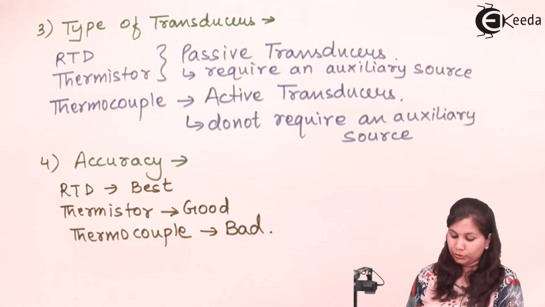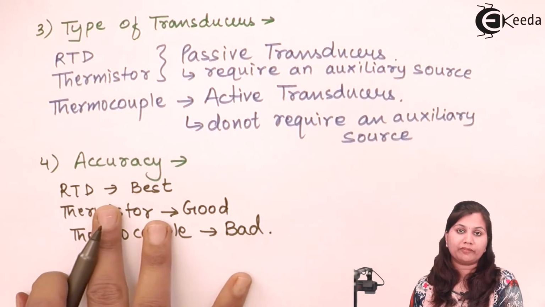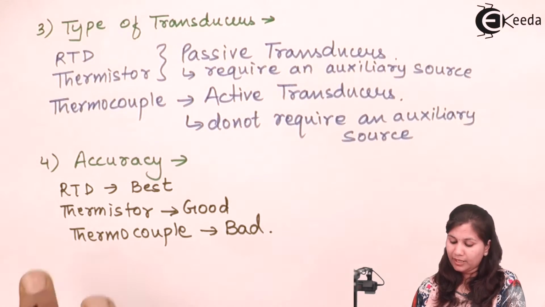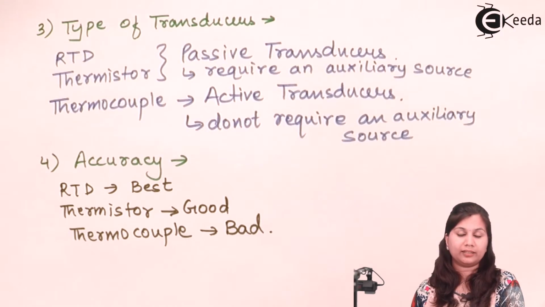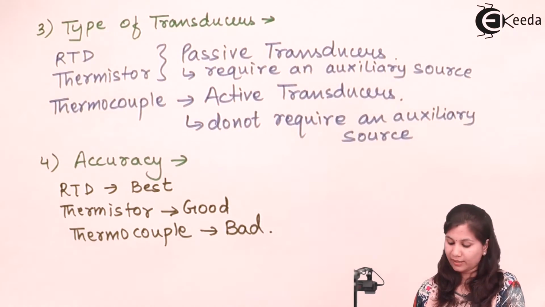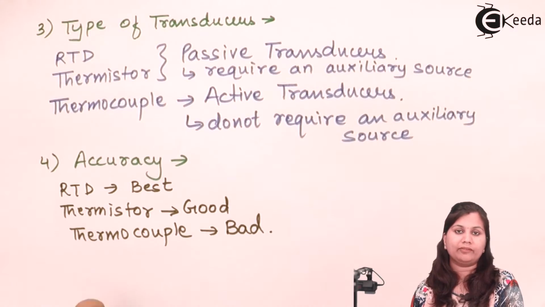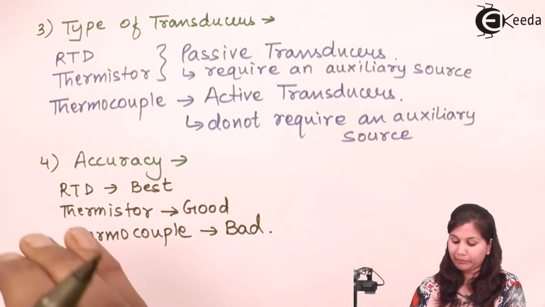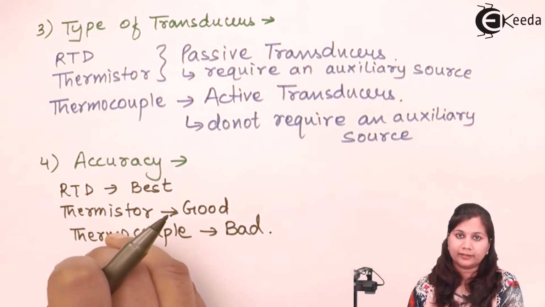So the RTD is going to give us accurate measurements of temperature. Thermistors will give somewhat accurate results, but thermocouples give inaccurate results. Their accuracy is very bad in comparison to RTD and thermistors.